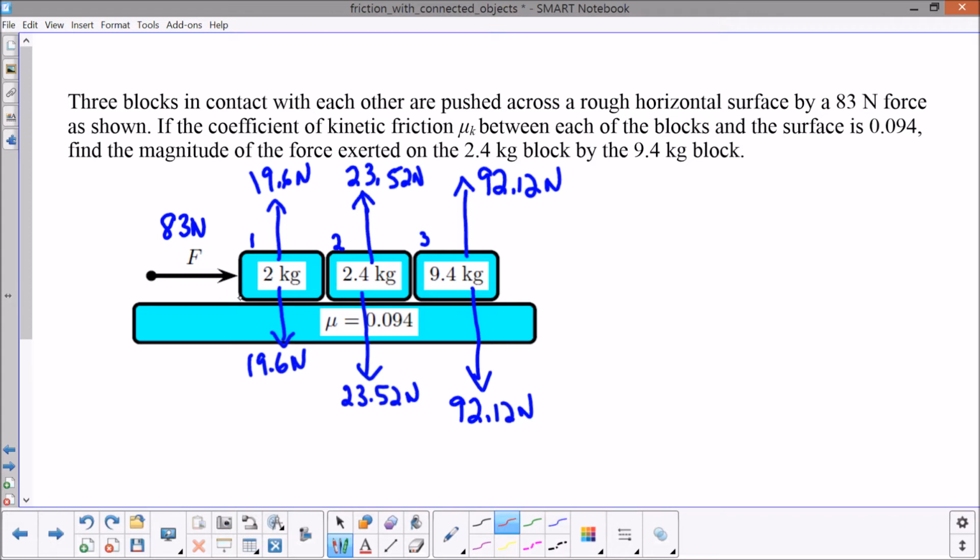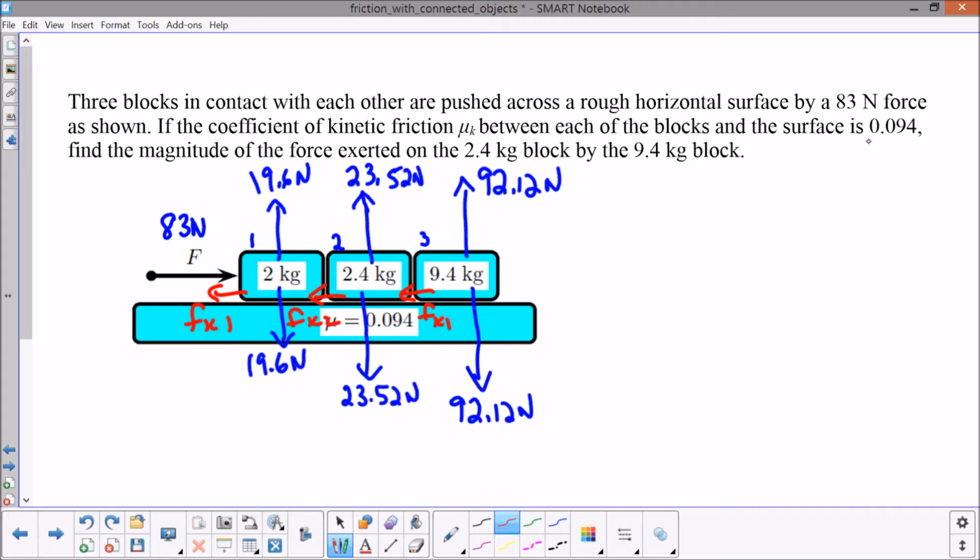Now, on each one of these boxes, there's going to be a force of friction. So I'm labeling them FK1, FK2, and FK3 for the force of kinetic friction on box 1, box 2, or box 3.